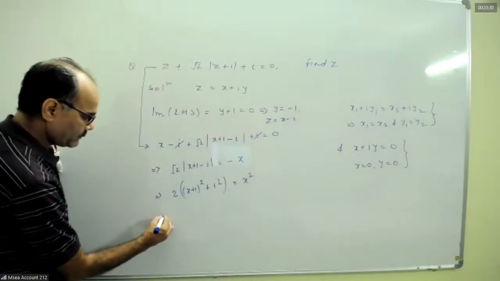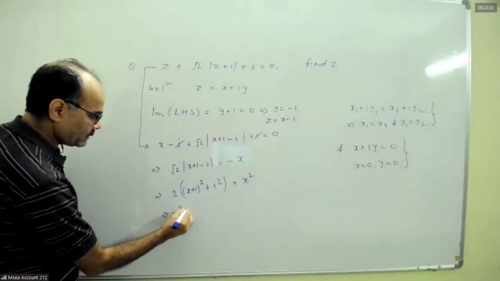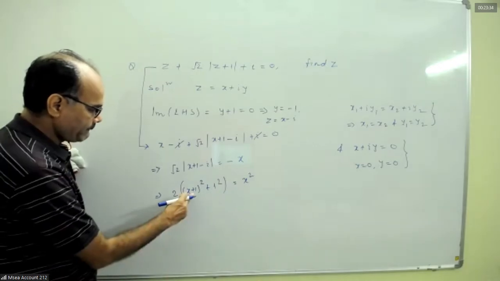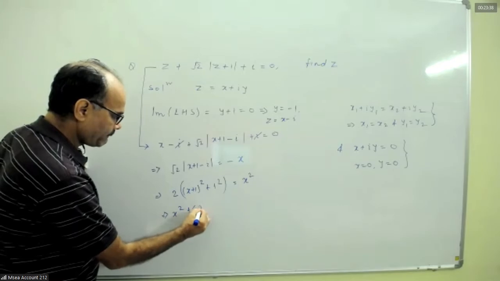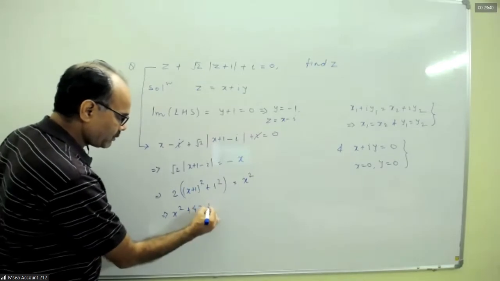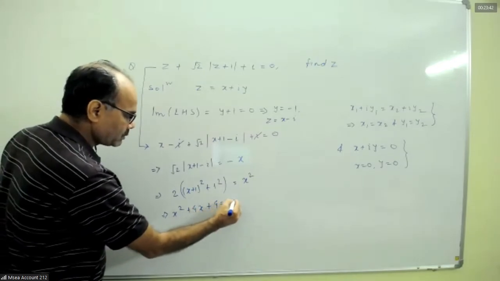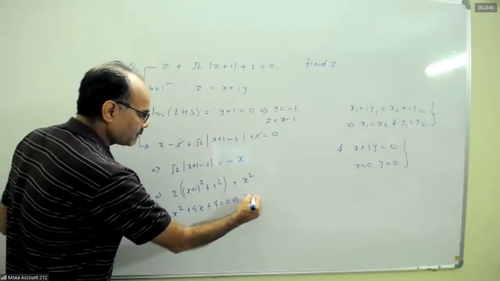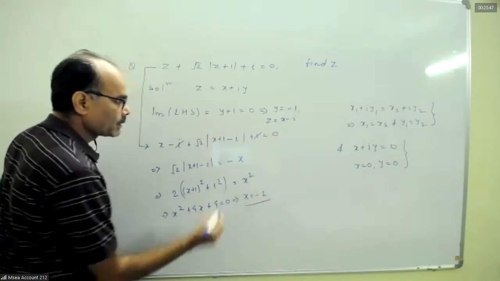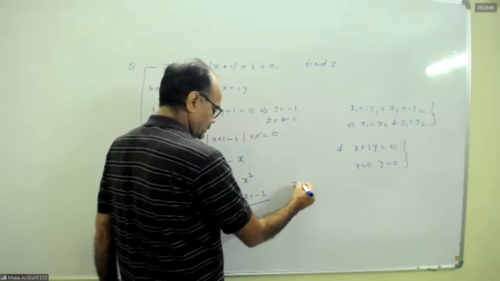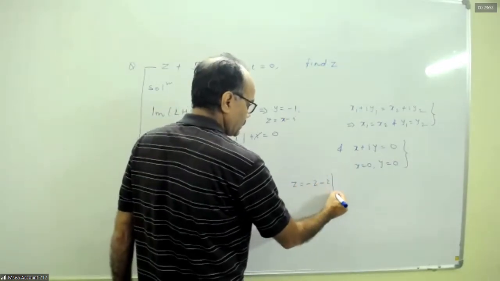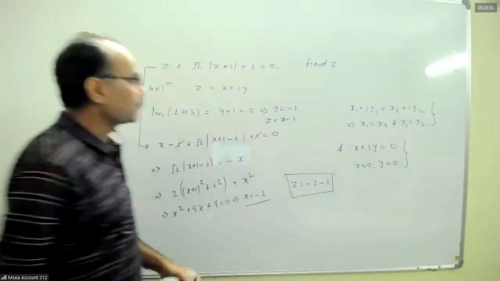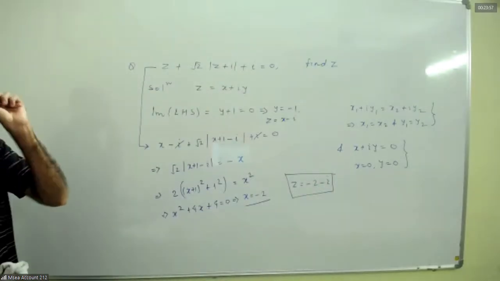On simplifying, x square plus 4x plus 4 equal to 0. This gives us x equal to minus 2. So this z is minus 2 minus i. This is the complex number.